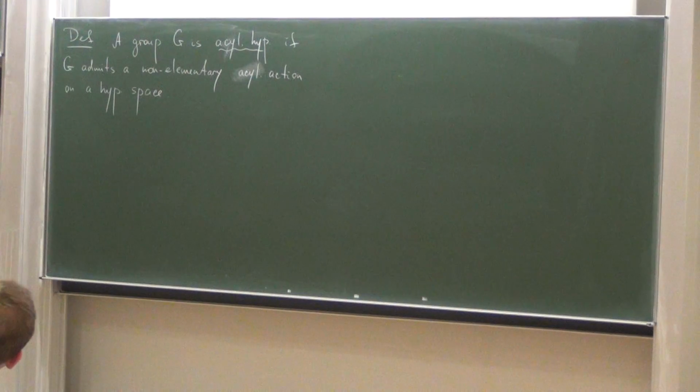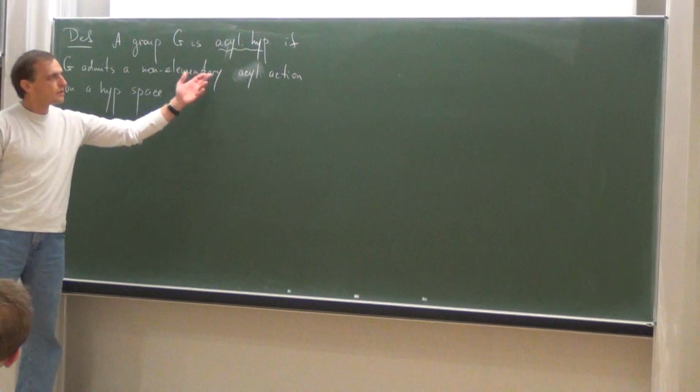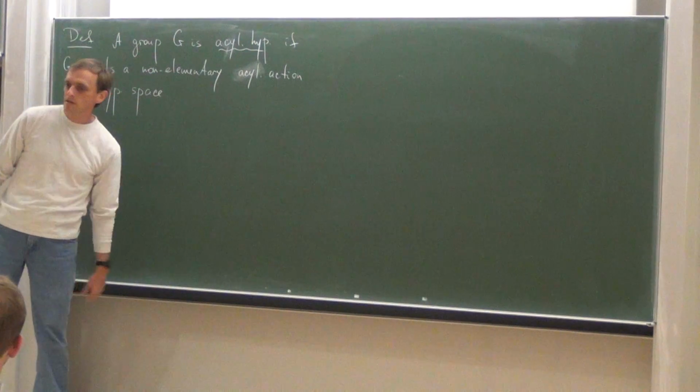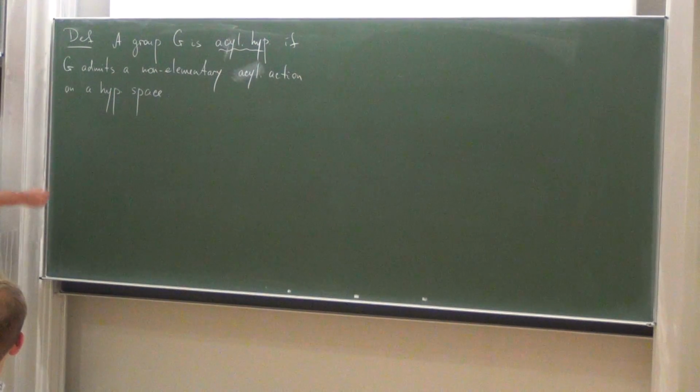So we do want to assume some sort of non-elementarity because otherwise every group is in this class. Equivalently, you can request that G admits an asymmetrical action on a hyperbolic space with unbounded orbits, and G is not virtually cyclic. That's because of this classification. So, equivalent. If you don't want to define what non-elementary means, then you can give that definition.